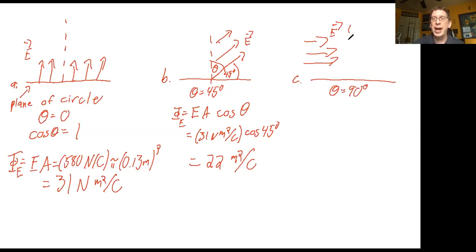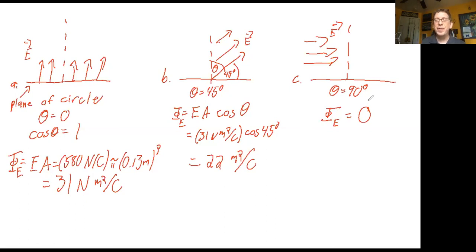because, again, theta is the angle that the field lines make with a line perpendicular to the surface or to the face of the circle. And the cosine of 90, of course, is 0. But conceptually, you can see that as well. There is no electric field crossing through the surface, so the electric flux has to be 0 in this case.